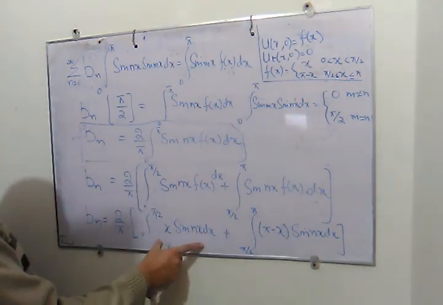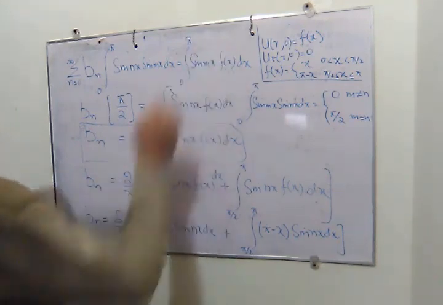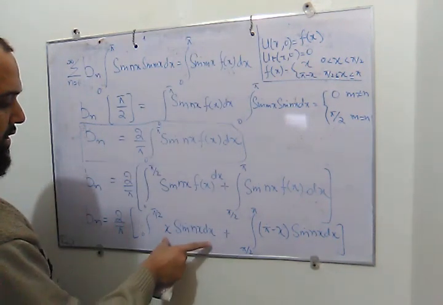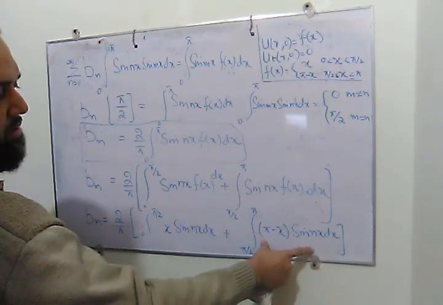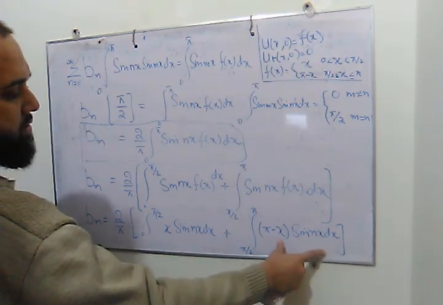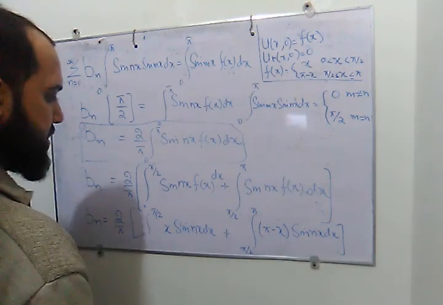These are simple integrals now, but we actually have three integrals: one is x sin nx, the second one is pi sin nx, and the other one is x sin nx dx.